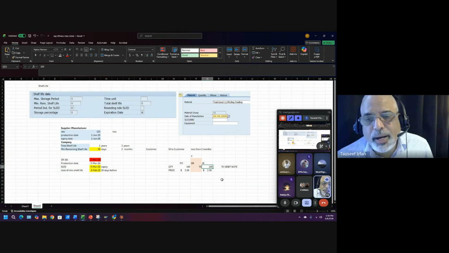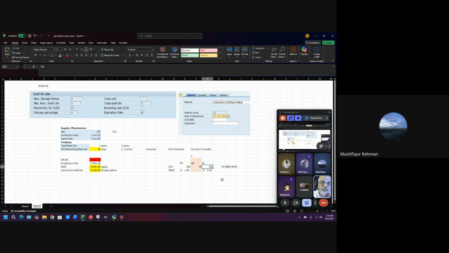What can stop the supplier from doing that? Nobody can stop the supplier from sending an invoice with more quantity than the GR, but the invoice should be processed only based on the GR quantity that has been received in the system, right?